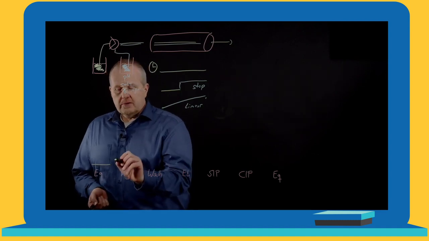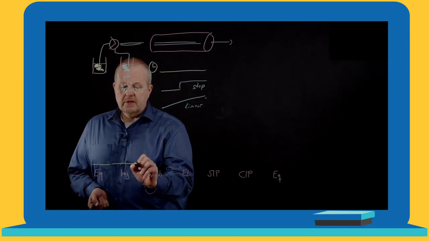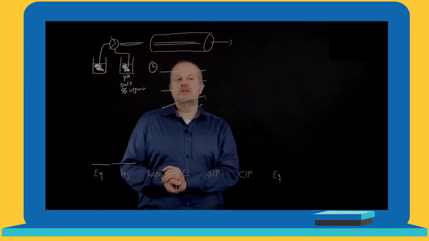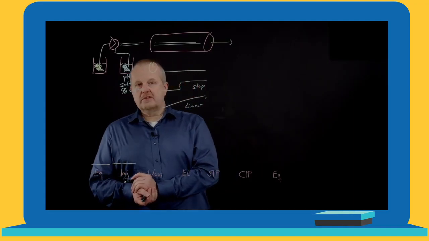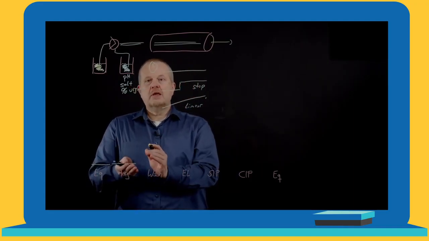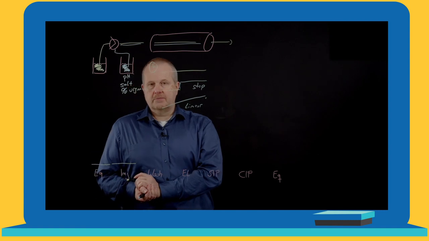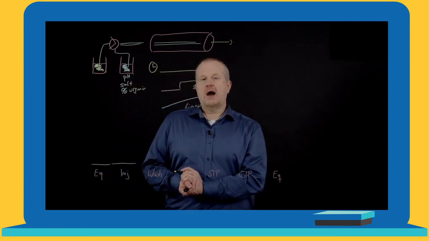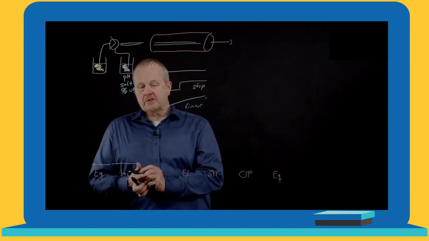At a certain point, we do an injection. You will not recognize any change in the baseline of our UV system because what is injected is bound to our column.